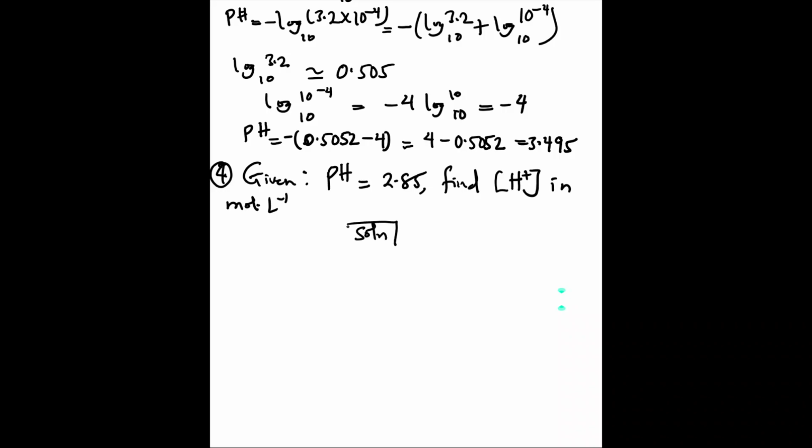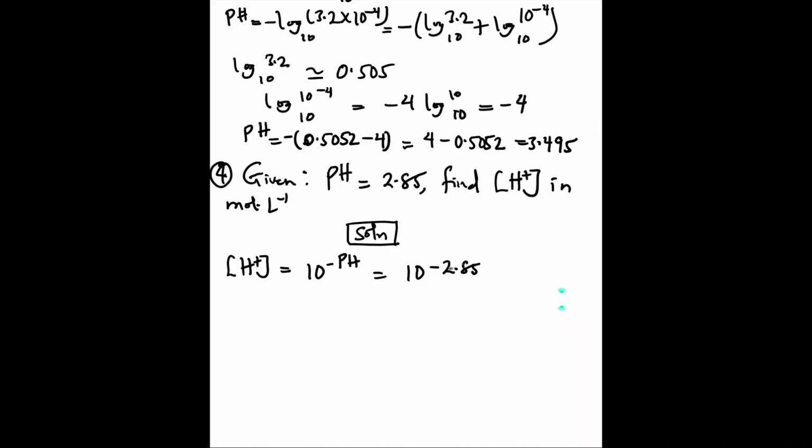So we have another question, question 4. Question 4 says, given that the pH is equal to 2.85, find H plus in mole per liter. Okay, so now H plus is going to be the anti-logarithm of pH. So that will be 10 raised to power minus pH.